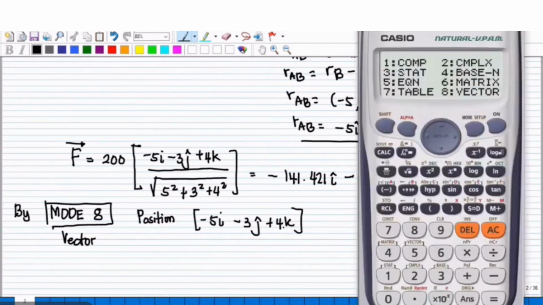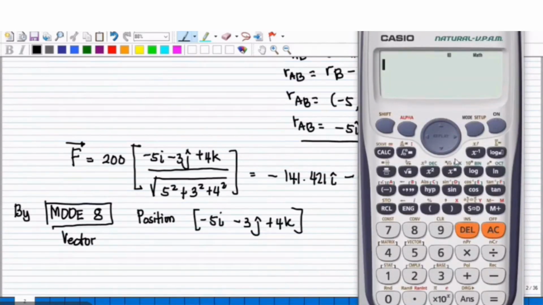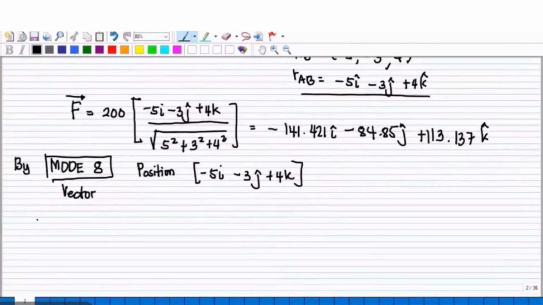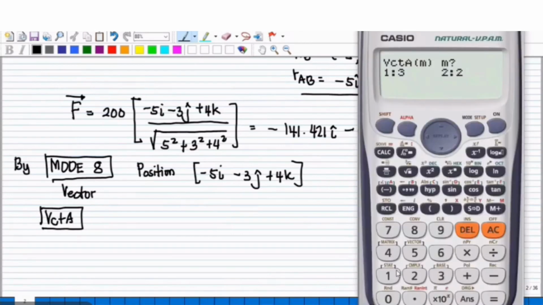Okay? So, paano po pagamitin yung mode 8? Okay? So, ano lang po natin, mode, then 8. Vector. Okay, so magtatanong po siya ng vector. Okay? So, vector A, vector B, vector C. Okay? So, since pinakaunang vector pa lang natin to, so we will type your first vector po, VctA. Okay? So, yan po. VctA po. Number 1. Okay, so magtatanong siya ng dimension kung ilang dimension or ilan yung size.